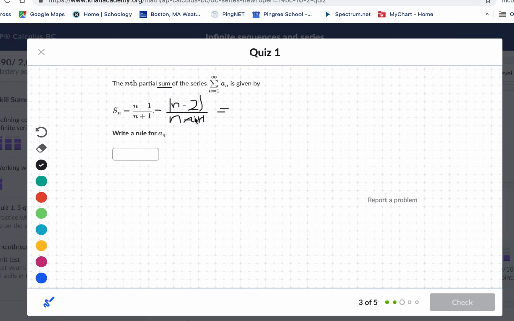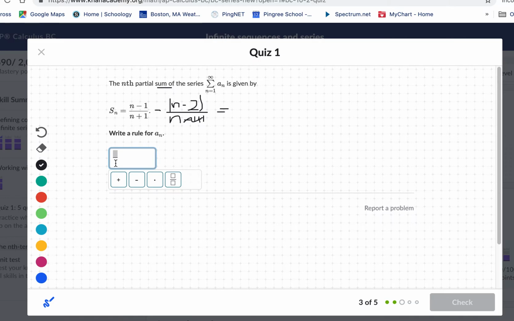Now if I add these fractions, the denominator is just going to be n times n plus 1. So I'm just going to put that down there now while I have a chance. In the denominator, it's going to be n times n plus 1. Okay, now the numerator, what's that numerator doing?